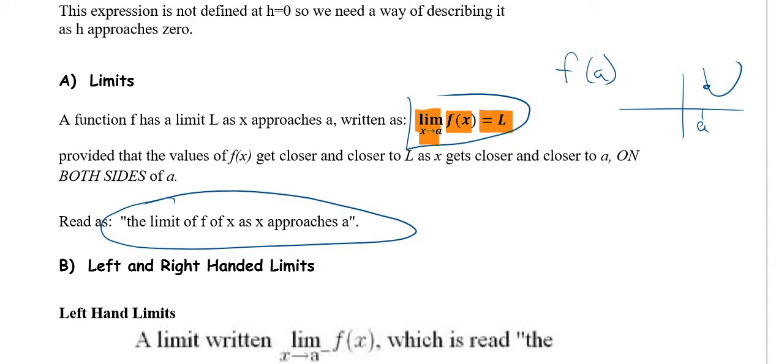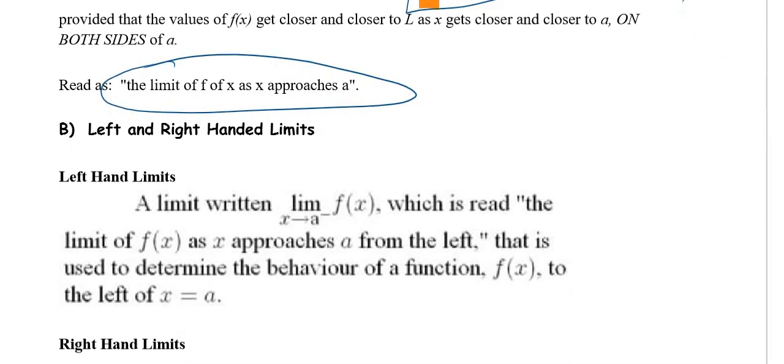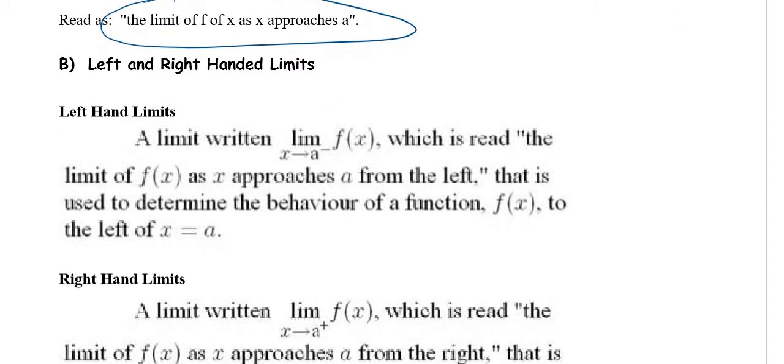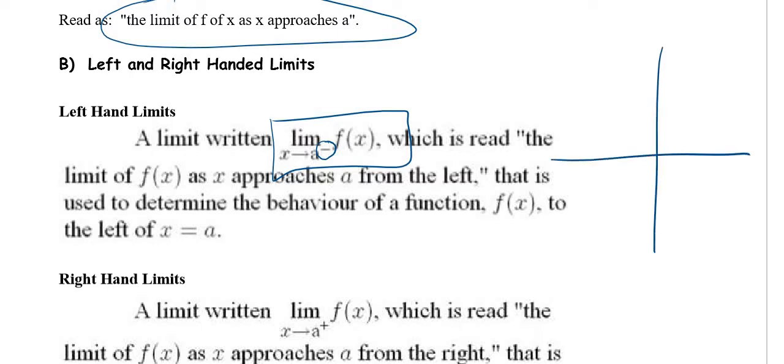And just to help this make a bit more sense, let's talk a bit more about these. In addition to general limits, we can have what's called a left-handed limit or a right-handed limit. A left-handed limit, which we mark like this, and you're going to notice this little superscript minus sign next to the a.